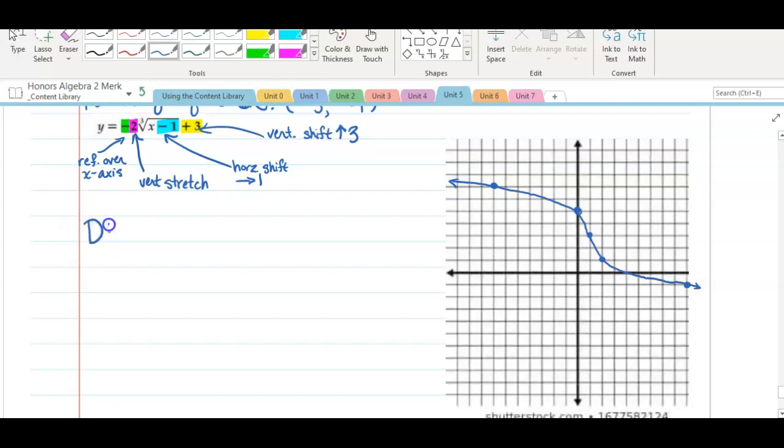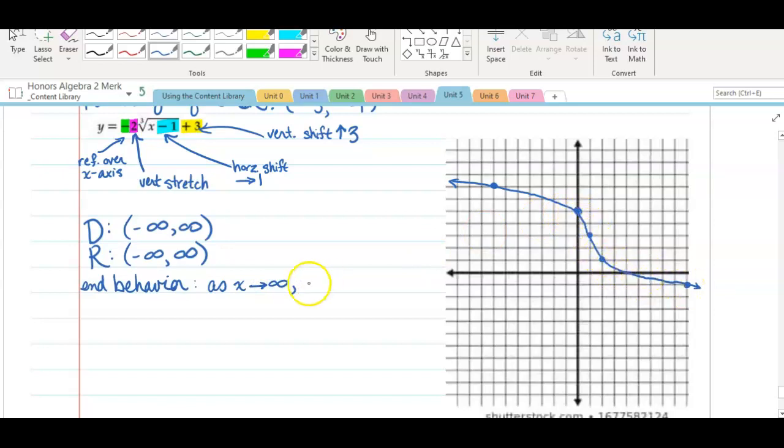Our domain is going to be negative infinity to positive infinity. Our range is negative infinity to positive infinity. Our end behavior: as x goes to the right to positive infinity, I'm going down. Y is approaching negative infinity.